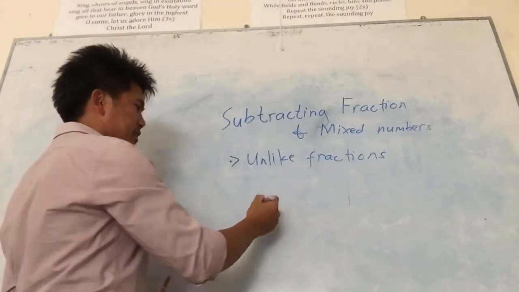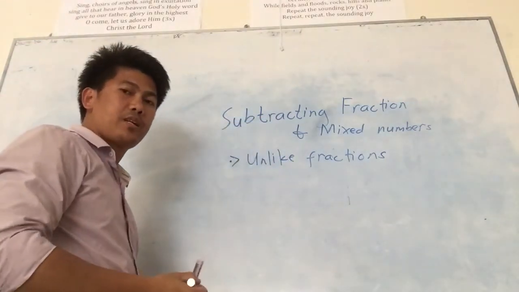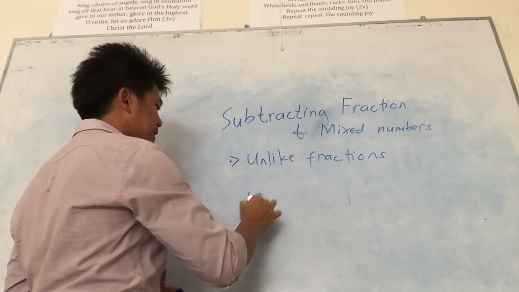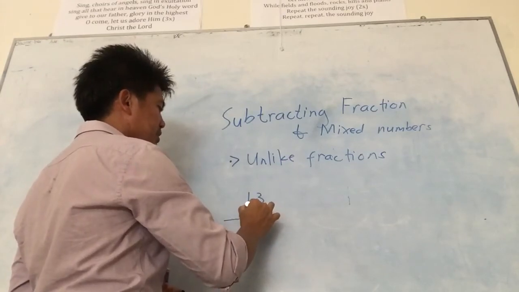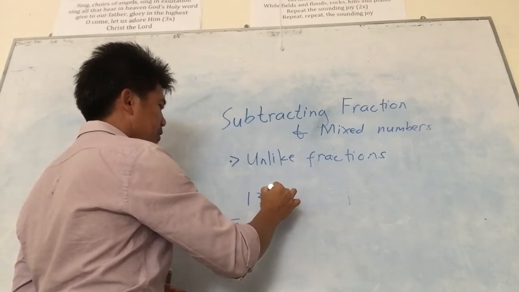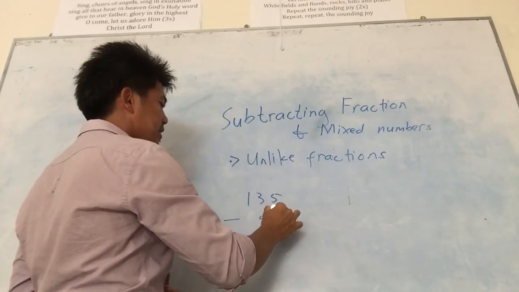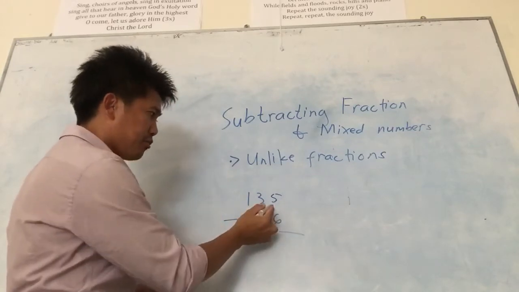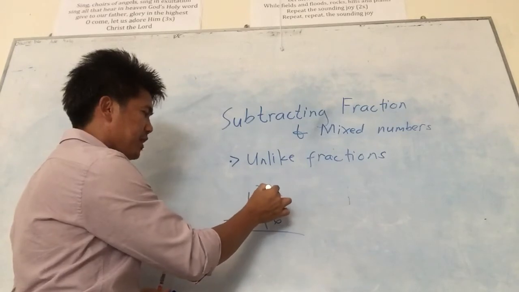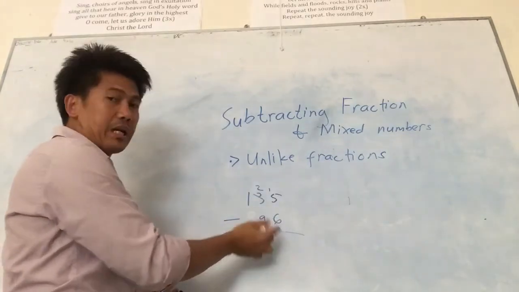Okay, remember the usual, the basic subtraction of numbers like, for example, 135 minus 96. Remember, you need to borrow, right? Borrow from here. So this becomes 2, this becomes 15, because 5 minus 6 cannot.